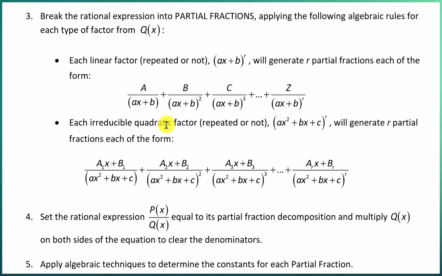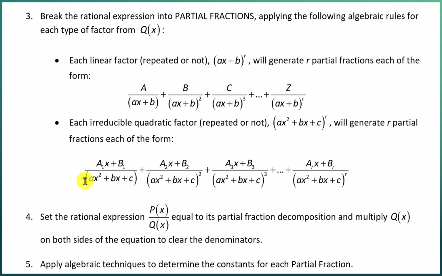Each irreducible quadratic factor, repeated or not, will create a partial fraction that looks something like this. Now, each of these a1, b1, these are all constants. Up here I used a, b, c out to z, but because we have lots of constants in this algebraic breakdown, I use the subnotation.